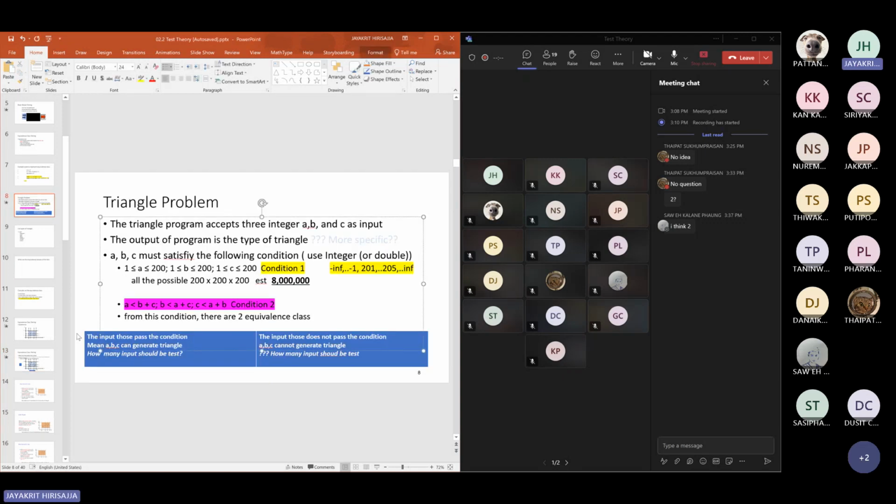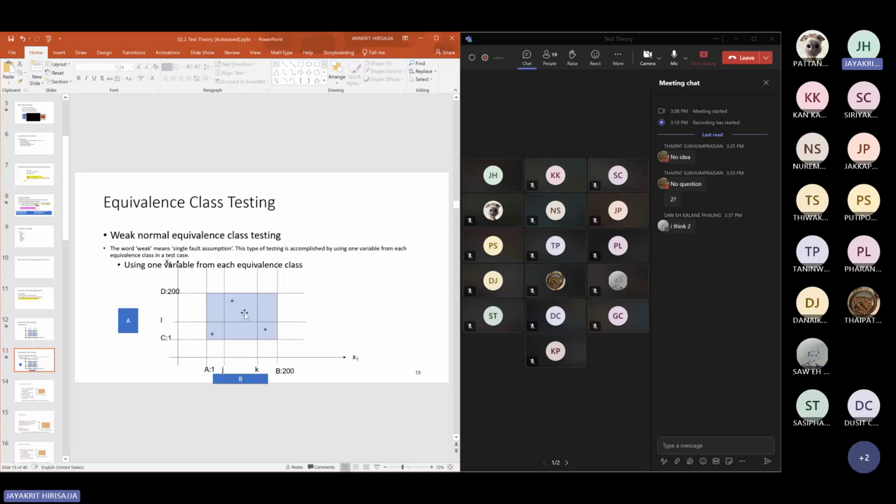If you check the second condition, for this kind of input we need to identify more proper equivalent classes. And the idea of equivalent class testing is that for weak normal you just provide the proper equivalent classes for input and output, and that is fine.